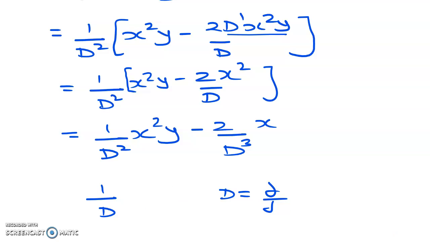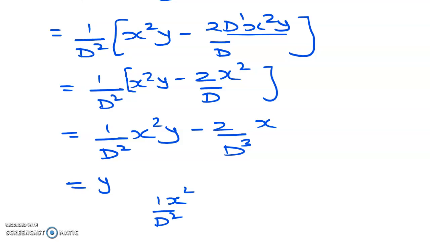So in the first term, what am I having? 1 by D squared. So in this integration, y I can write as it is. Now the question is, what is the integration of x squared, 1 by D squared of x squared?